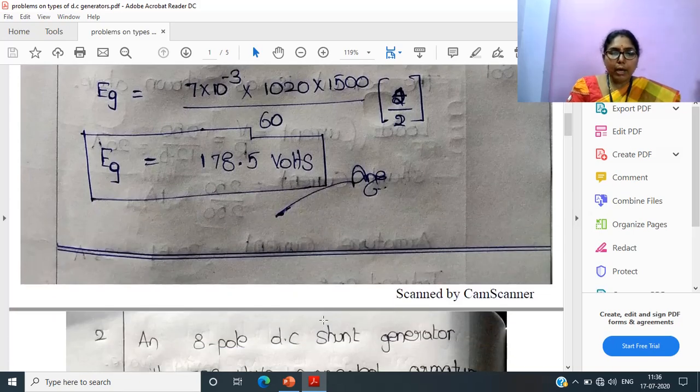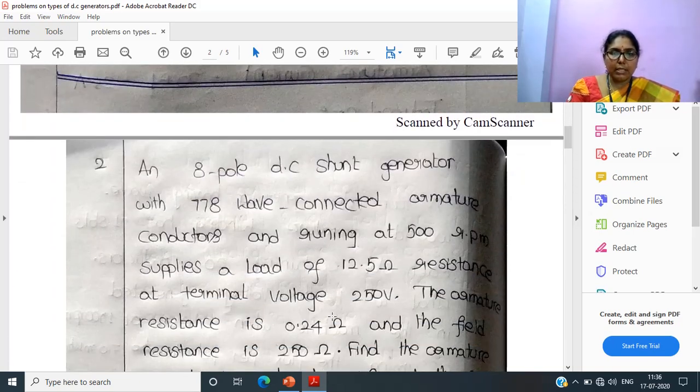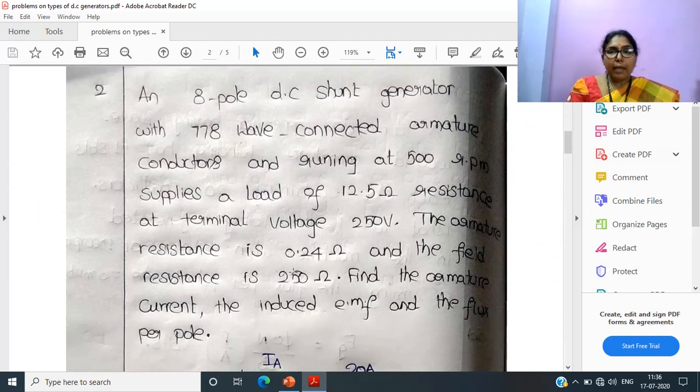Now, we'll move on to the second problem based on this concept. I will read out this problem. An 8-pole DC shunt generator with 778 wave connected armature conductors and running at 500 RPM supplies a load of 12.5 ohms resistance at a terminal voltage of 250 volts.